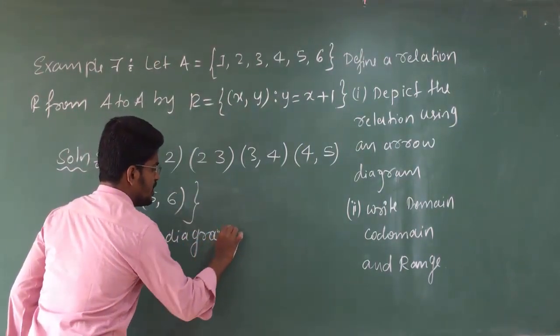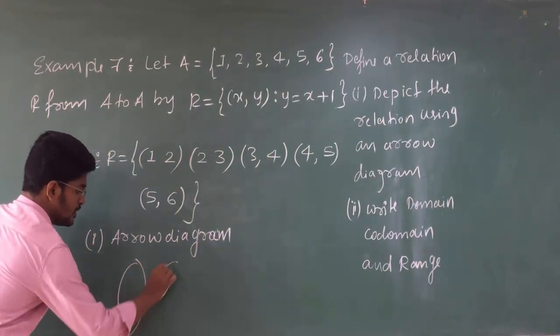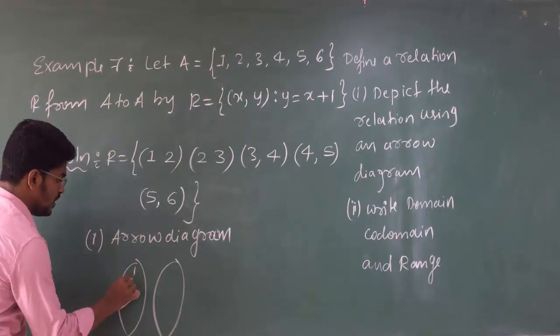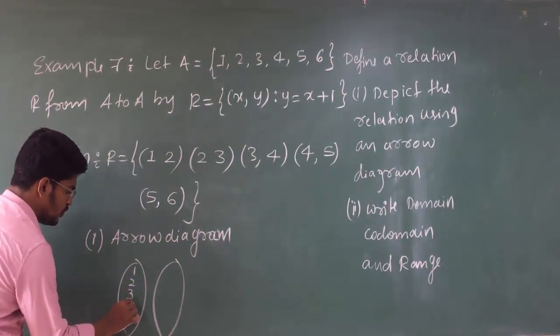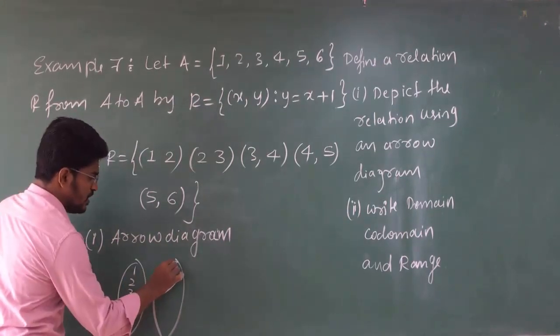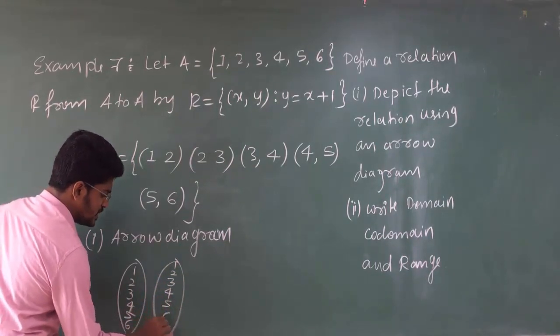So the arrow diagram of this will be from set A to set B. What is set A? 1, 2, 3, 4, 5, 6. What is set B? 1, 2, 3, 4, 5, 6.